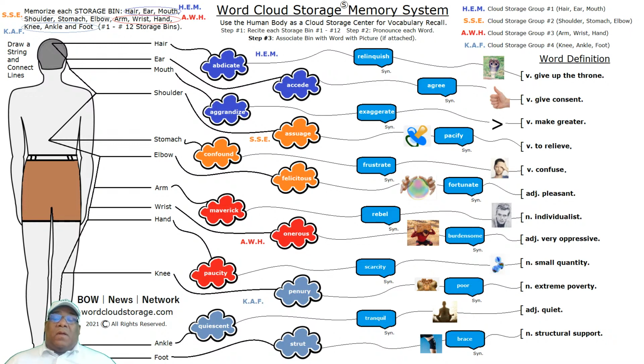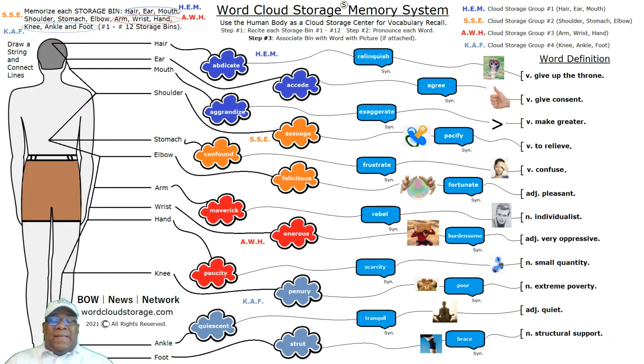So there you go, and you can go back and forth between left and right, using your left hand or your right hand, and that helps you reinforce the memory of the color that the word is in, the color of the cloud. Also, when you're studying, you should use the storage bins assigned to the human body to pinpoint a storage reference in your own mind.